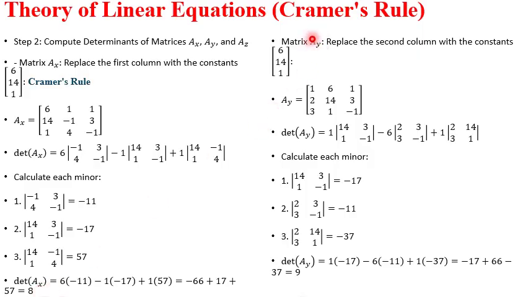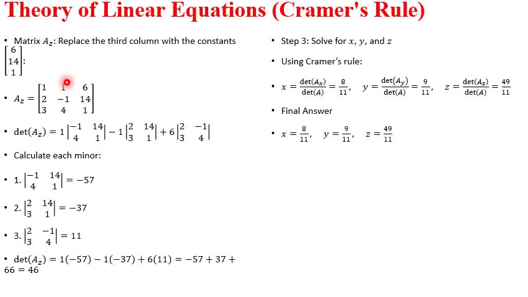We then move ahead to work on matrix AY. The matrix AY is gotten from matrix A by replacing the second column with the constant values 6, 14, and 1, and that we've done here. So we also find the determinant of AY, and that gives us 9.